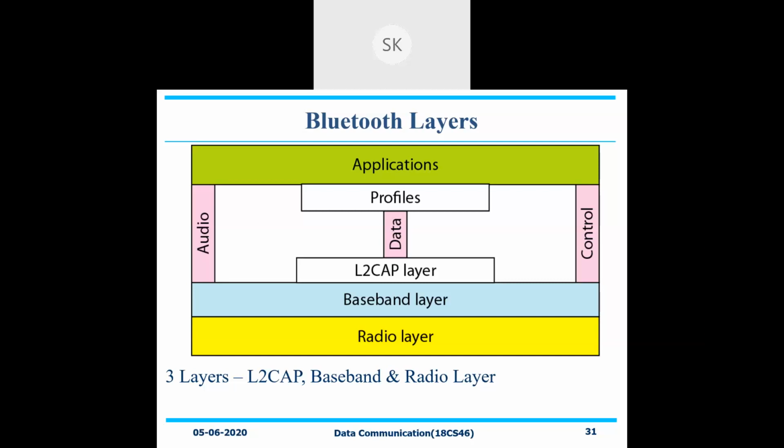What does L2CAP mean? That is very, very important to know. It is called the Logical Link Control and Adaptation Layer. What is it used for? The Logical Link Control and Adaptation Layer Protocol sits over the baseband layer.